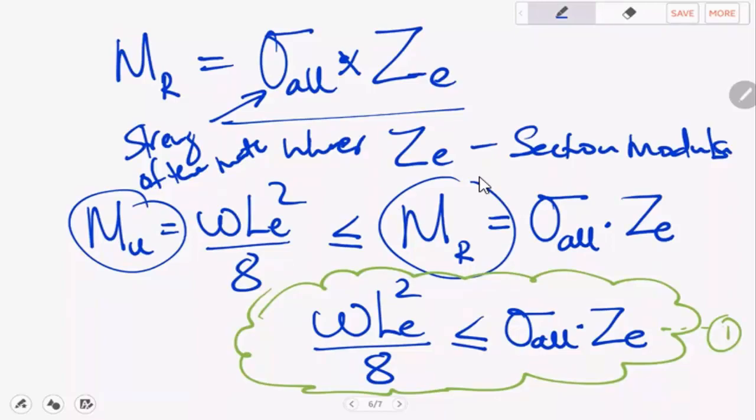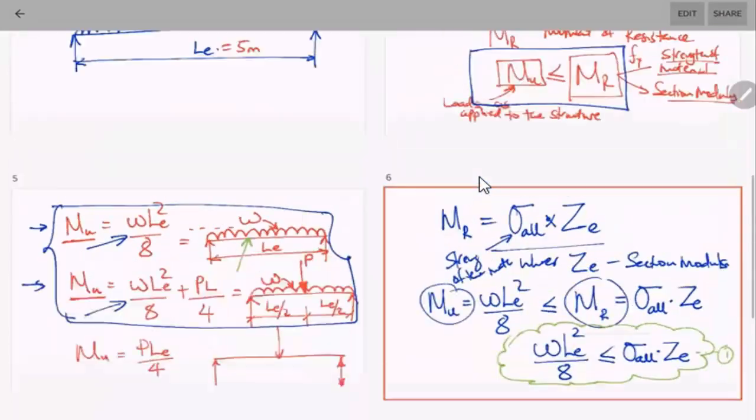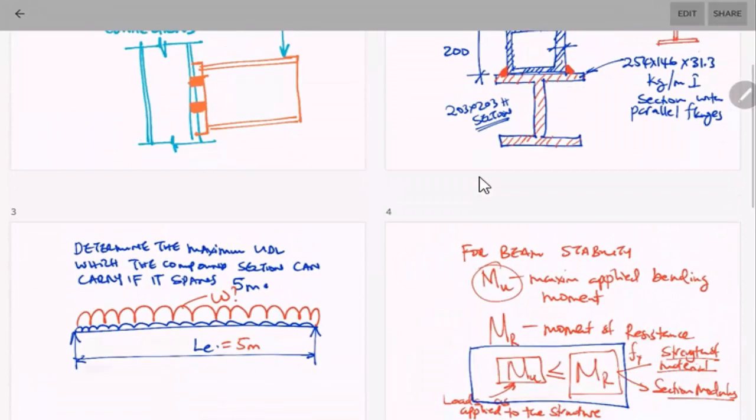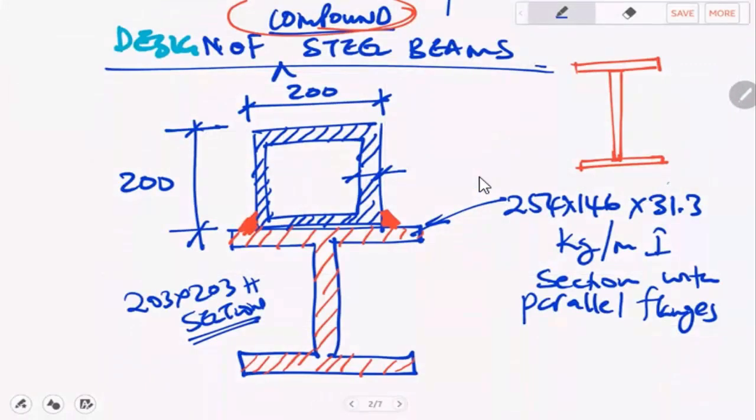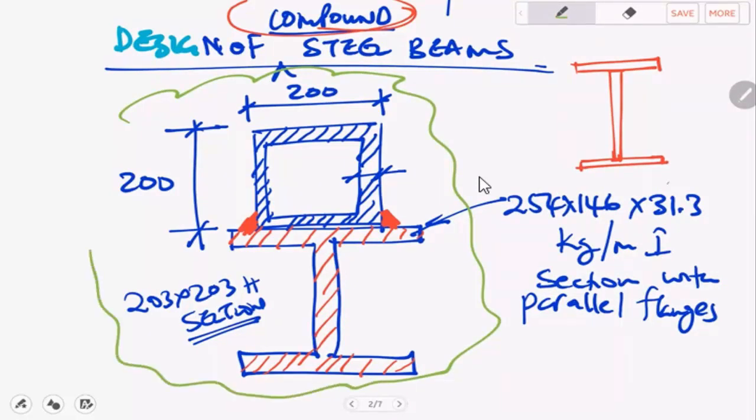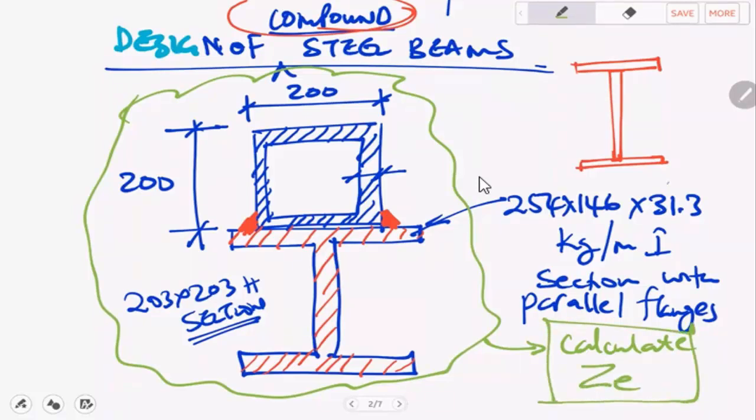But now, what does this question require us to do? If you are given this information, what do we do with this information here? That's the question which you may be having. What do we do with this information? How is it relevant? Right? The relevance of this information is that it allows us to calculate Z_E, the section modulus, from first principle.